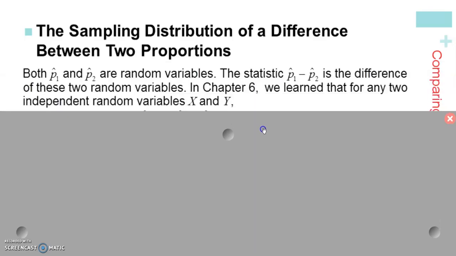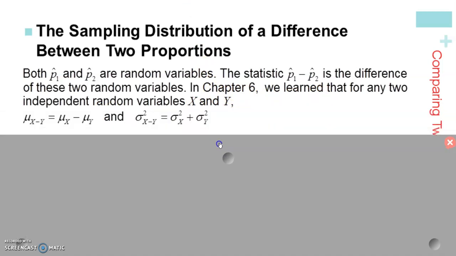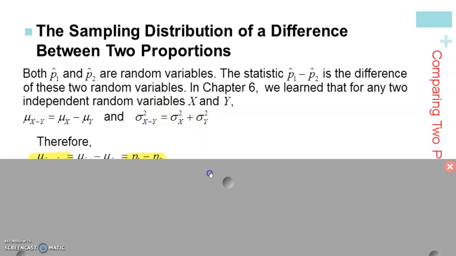Well, let's think about this. P hat 1 and p hat 2 are both random variables because they can take on different values. So the statistic p hat 1 minus p hat 2 is the difference between these two random variables. In chapter 6, we learned that for any two independent random variables, you can find the mean of the difference by finding the difference of the means, and you can find the variance of the difference by adding their variances.